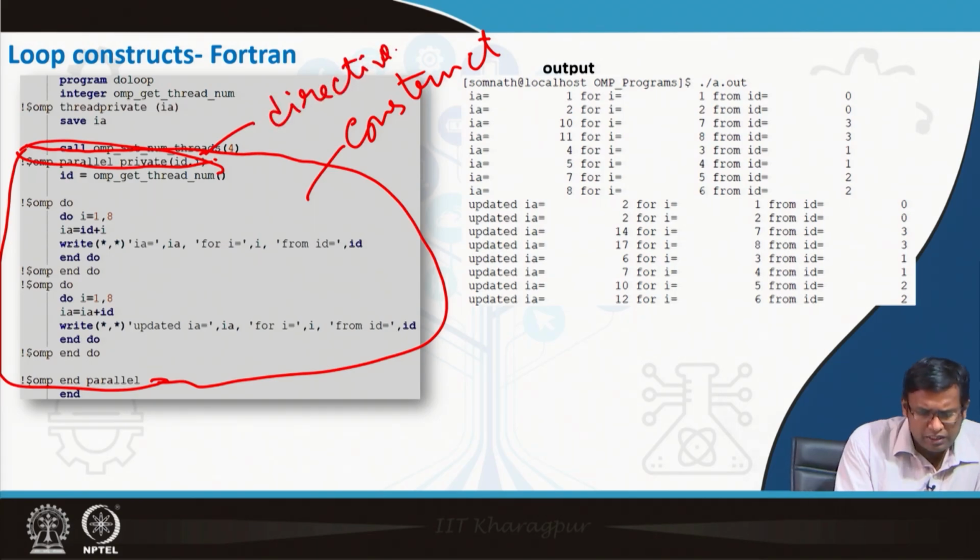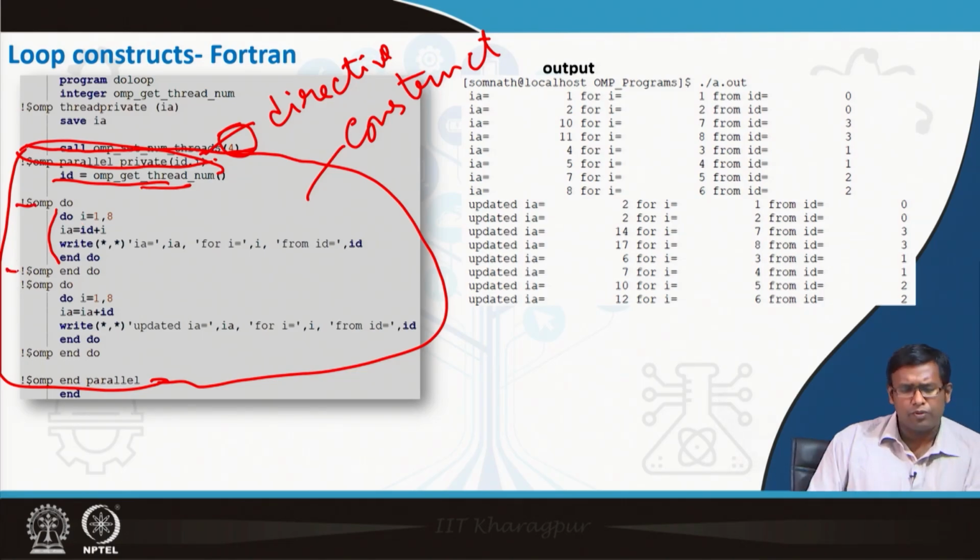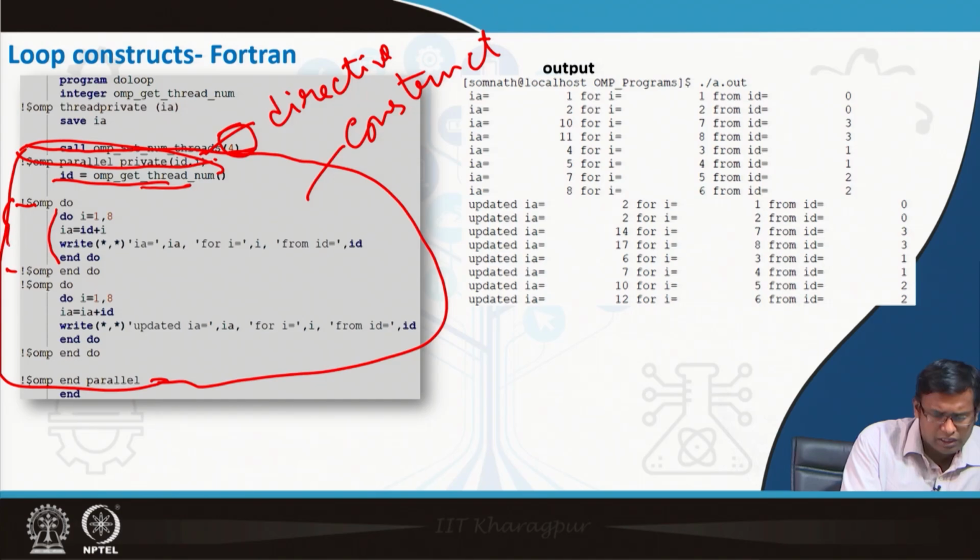Now inside the construct, 4 threads are launched. First it finds out the ID of the thread. Each thread has a different ID, and now there is a do loop, do I equal to 1 to 8, and IA is some variable which is ID plus I. Each thread will take care of some parts of this I loop, because we have launched OMP do, and this is another construct which starts at OMP do and ends at OMP end do.